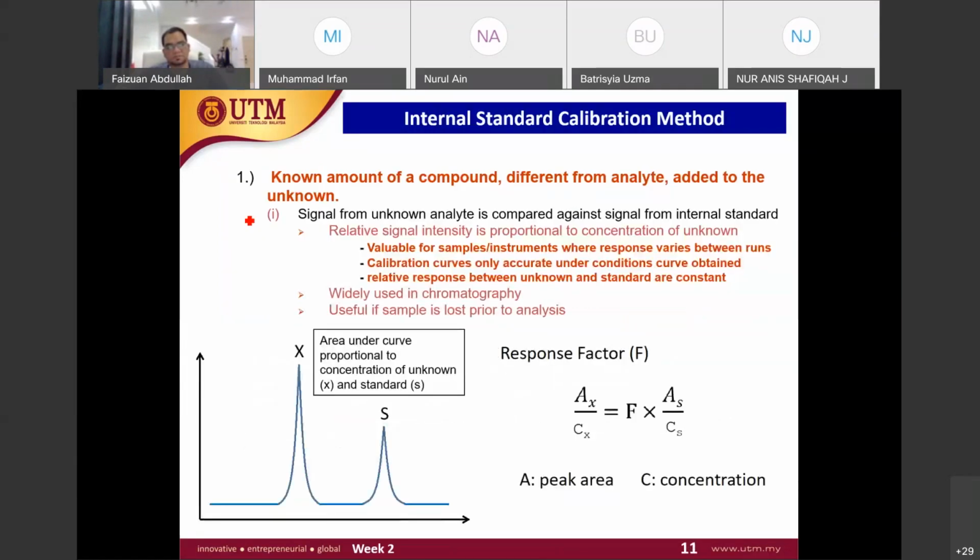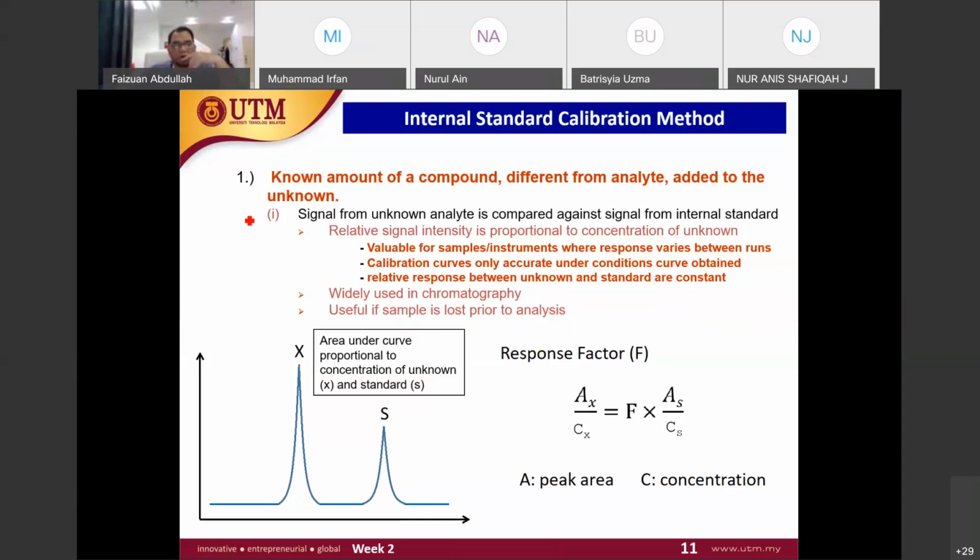The internal standard calibration method, right? Why do we need to prepare two types of compound in one calibration? For example, we want to detect the concentration of X, and the standard is S. Let us read the note.